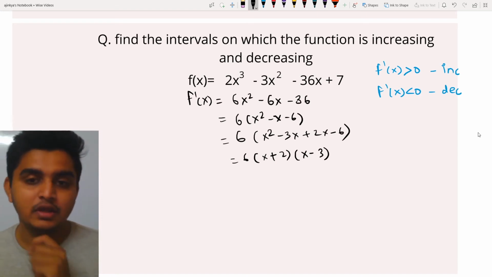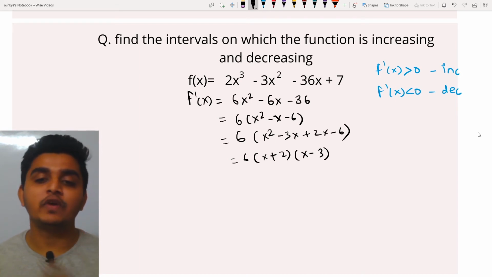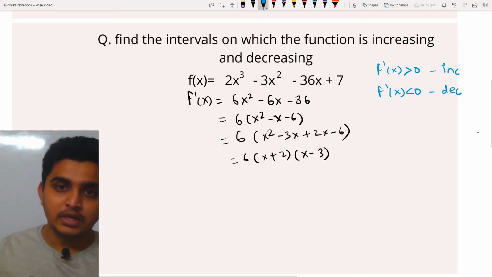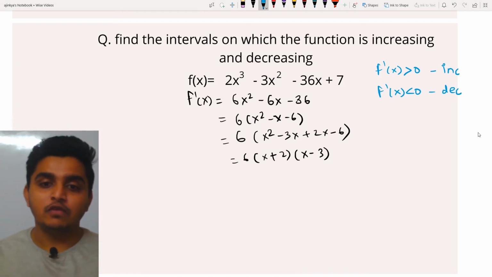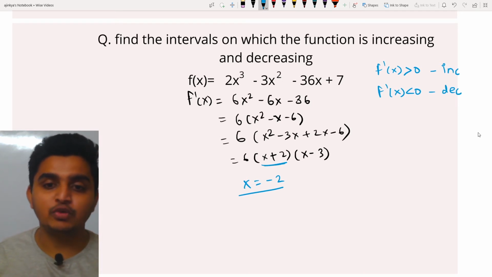So now we'll see what are the values and what are the intervals where we are going to find out the actual sum where the increasing function and decreasing function can be taken out. So in this example, if you look carefully, if you put x equals to minus 2, this term is going to be 0, right?